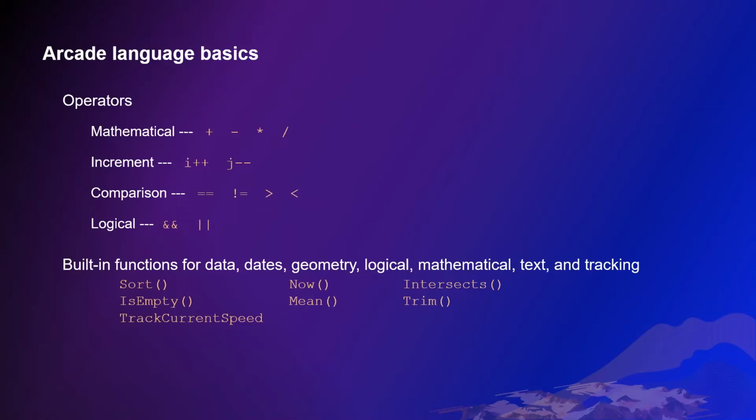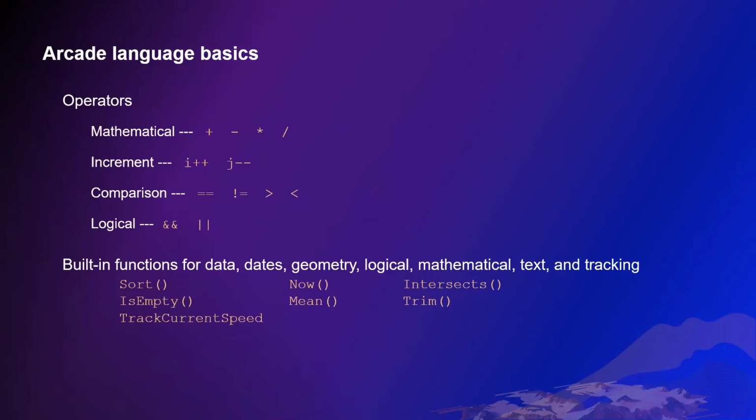And then there are also built-in functions, which you may already have experience with, but they're all there, with sort, whether you're looking at if the value is empty or not. Now will return the date and time of the current time that the code is executed. And like I said, it also works with intersects, means, trims, etc. There are a lot more options for these built-in functions.